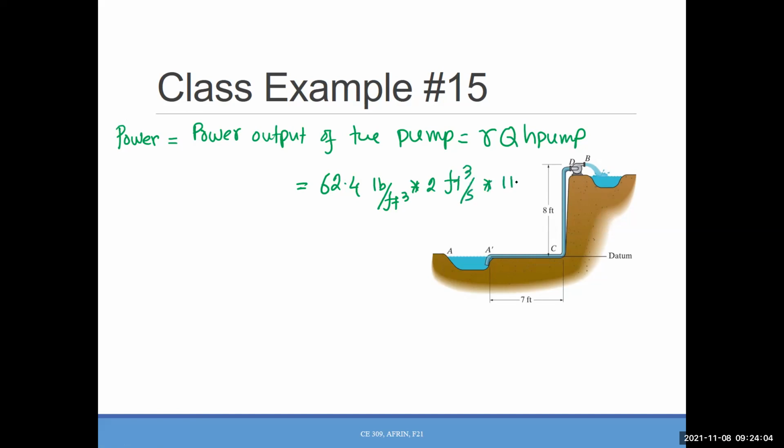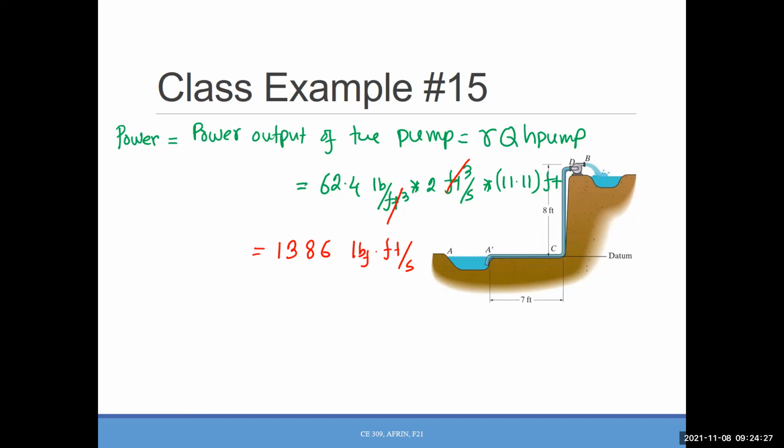And now we got 11.11 feet. We can cancel feet cube, feet cube. Finally, what was the answer? 13. This one, right? Now this is the answer.